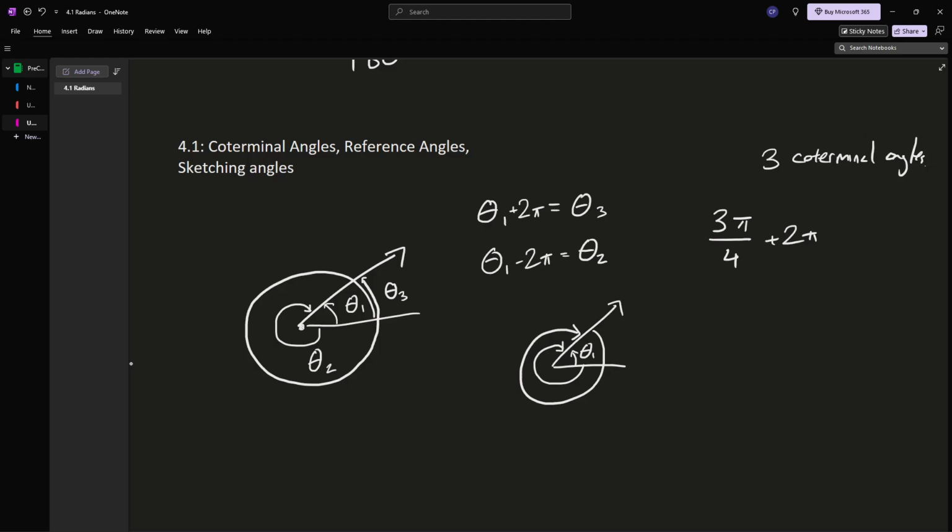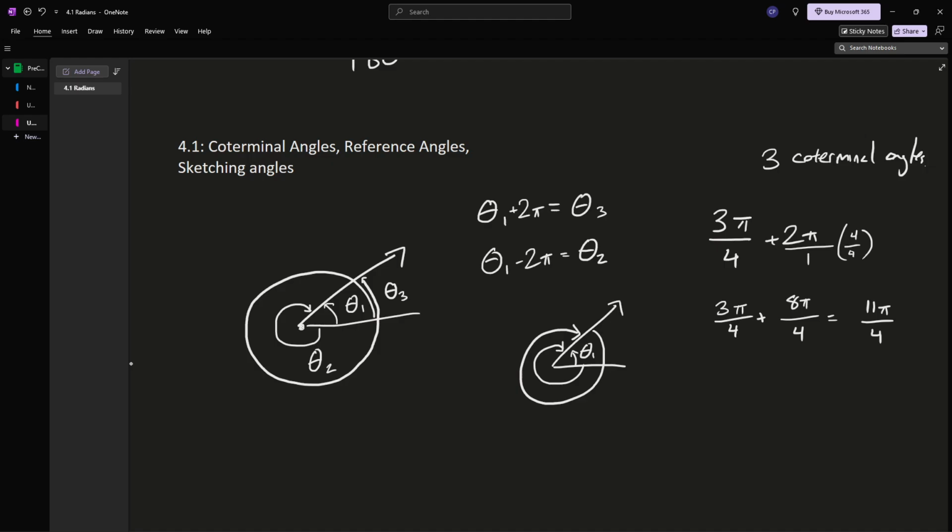I add 2 pi, but it can't just be 3 pi plus 2 pi gives me 5 pi. That does not work because it's a fraction right here. So to add fractions, I need the same common denominator. So 3 pi over 4, I can't reduce this at all. But for 2 pi, I can change it because it has a denominator of 1. So multiply both sides by 4 over 4 to get 8 pi over 4, and adding them up finally gives me 11 pi over 4.